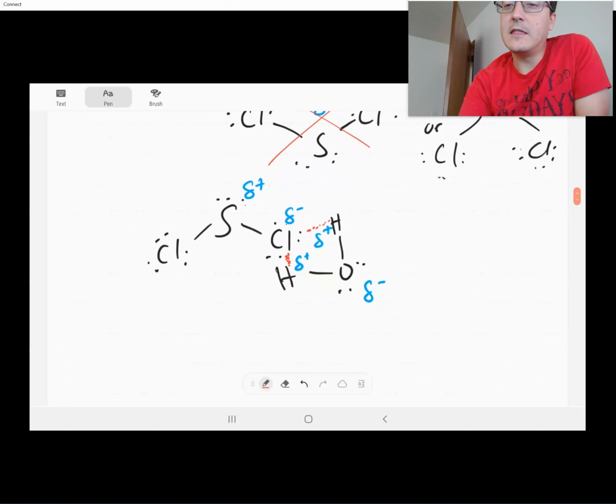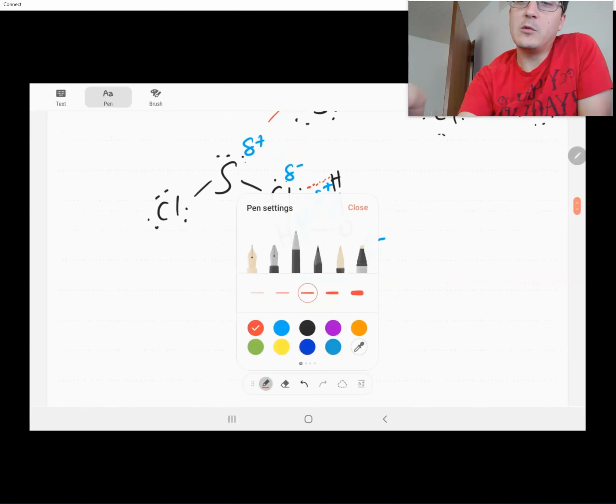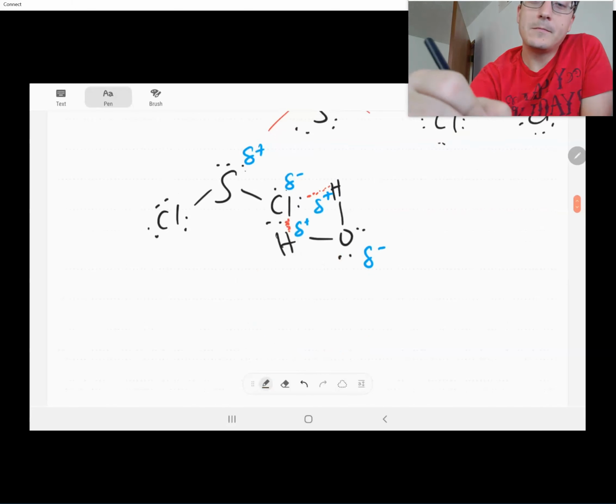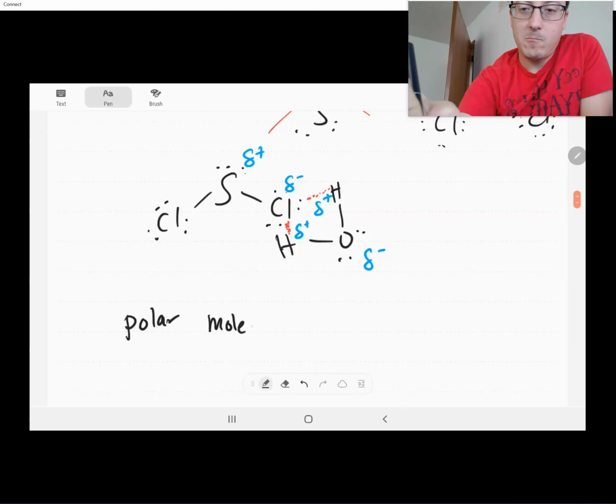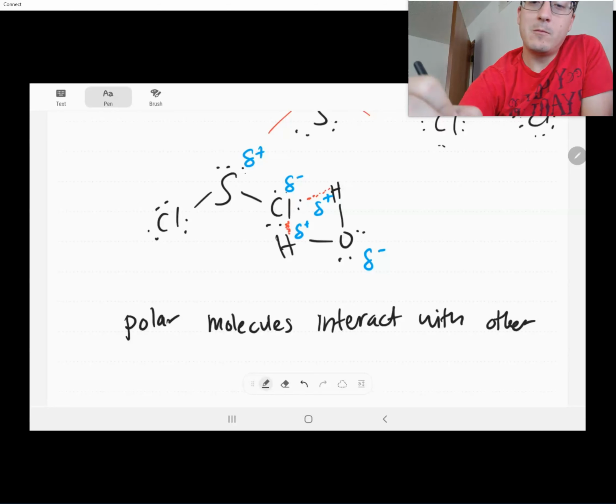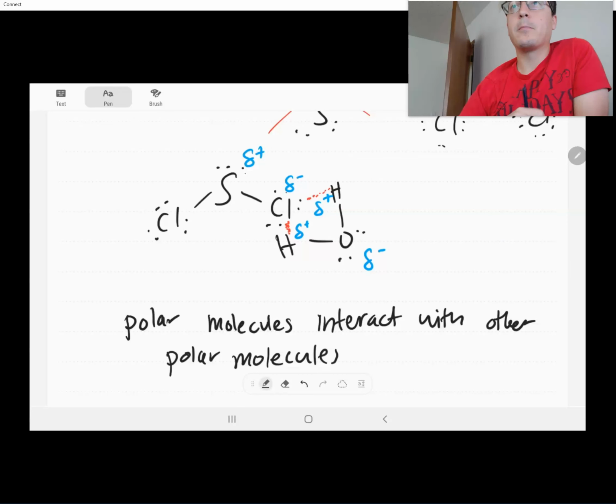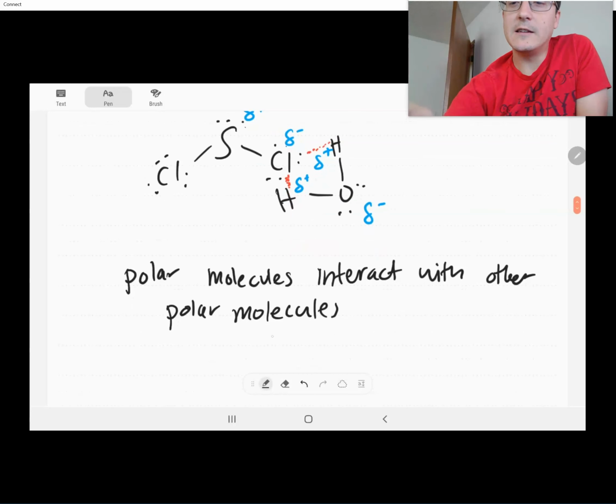So, we can see that polar molecules can interact with other polar molecules. Okay, and that's again called a dipole-dipole.